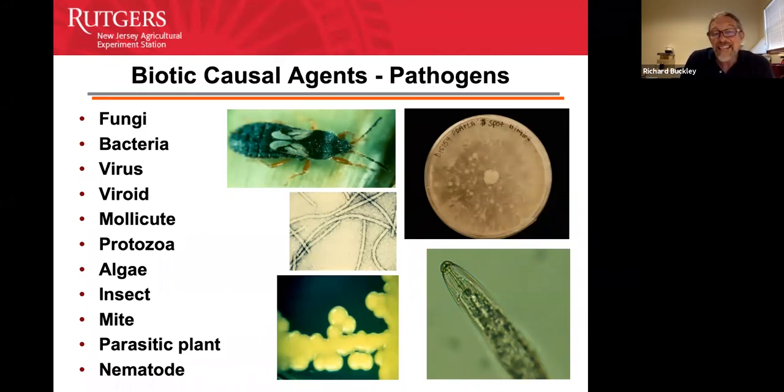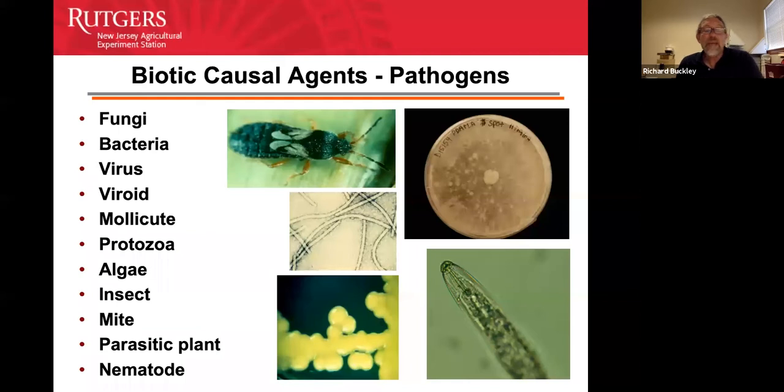But as a diagnostician or as a plant manager, we also have to include things like insects and mites as pathogens, because they cause the same types of symptoms or the same types of problems in plants. And when someone's bringing you an unknown, it could be an insect, it could be a disease agent. So we have to consider them as pathogens.